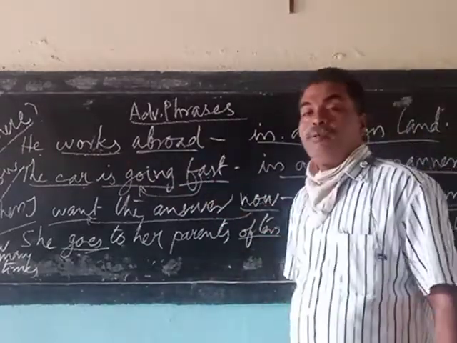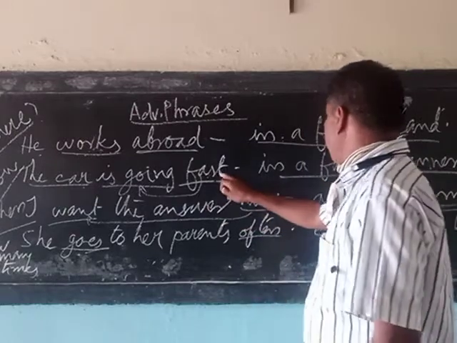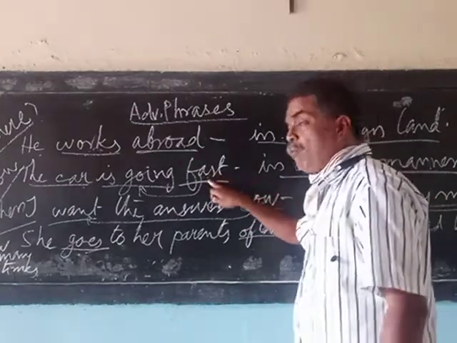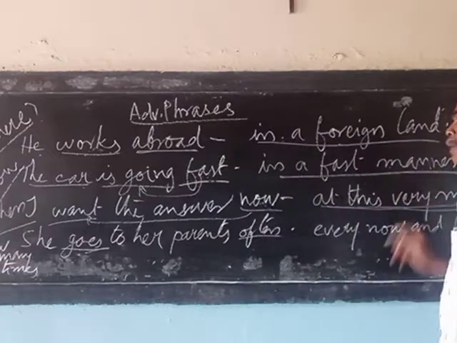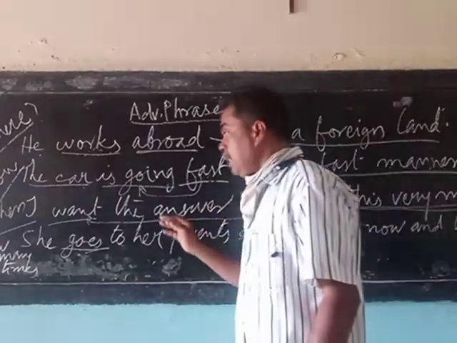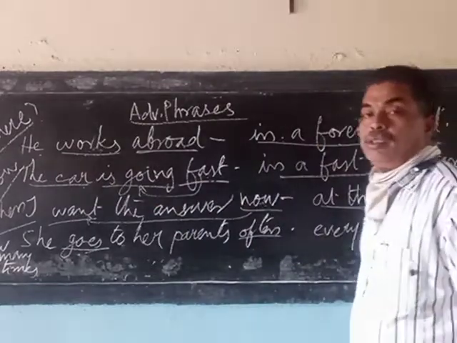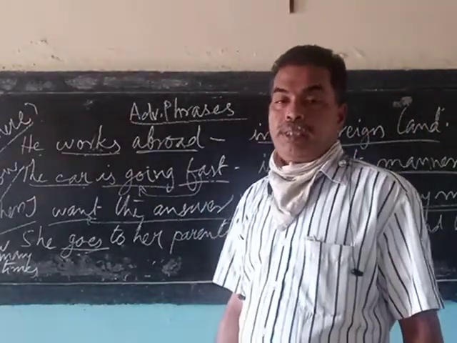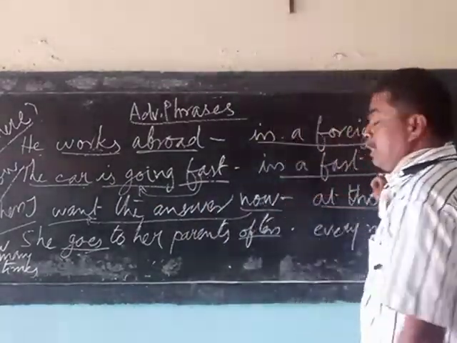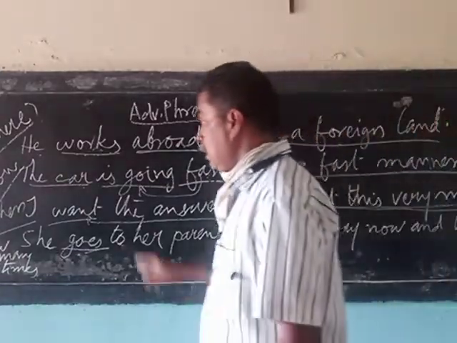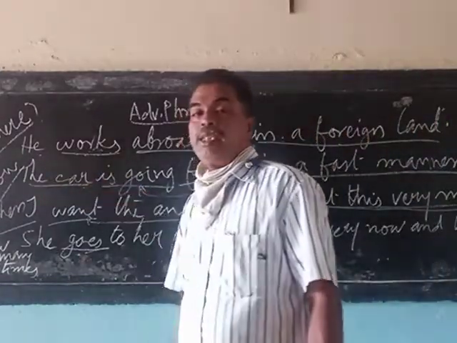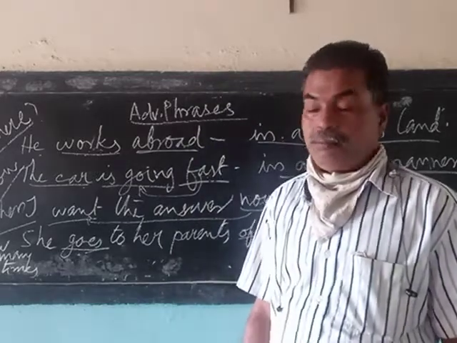The expanded form of fast is in a fast manner. So you can rewrite this sentence by saying the car is going in a fast manner. That is how this adverb phrase can be used in a sentence. Since it is telling about how, it is called an adverb of manner.